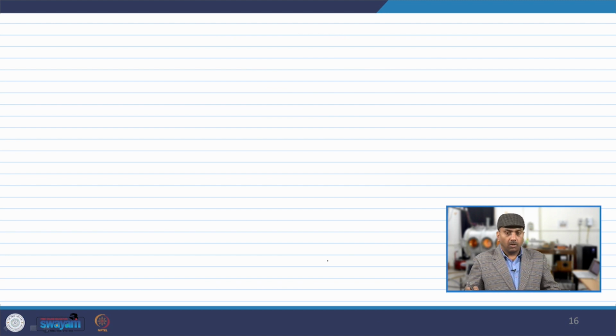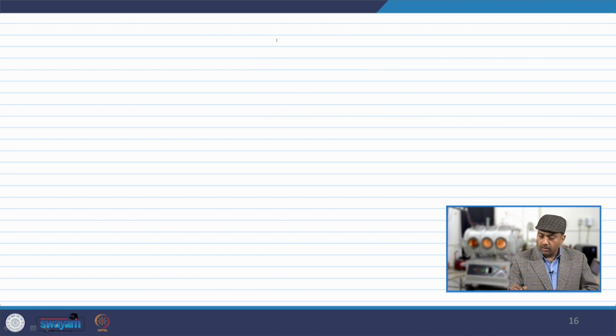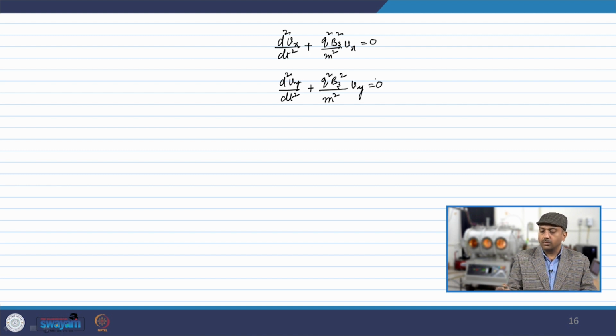Let us write them separately: d square Vx by dt square plus q square B square by m square Vx is equal to 0, d square Vy by dt square plus q square B square by m square Vy is equal to 0. This is a very familiar equation, and the third one is d square Vz by dt square will still remain 0.